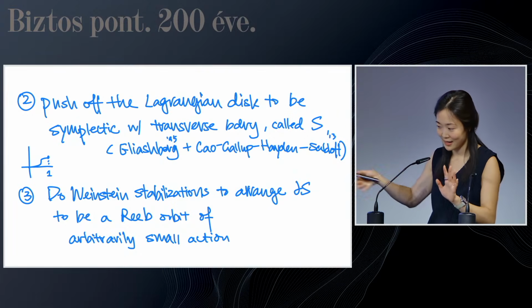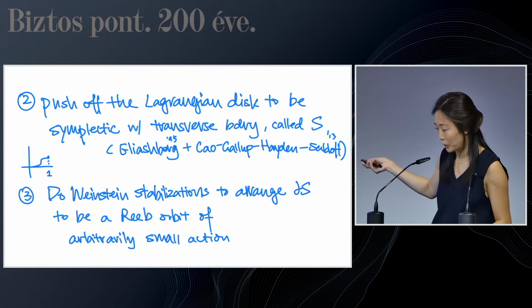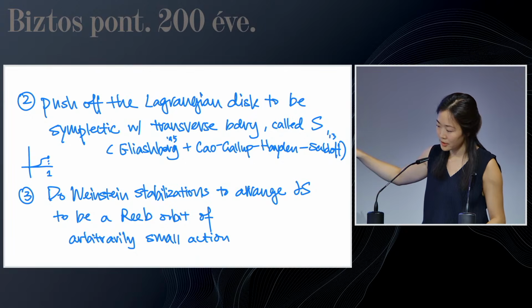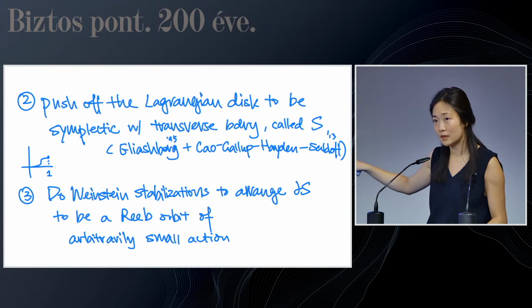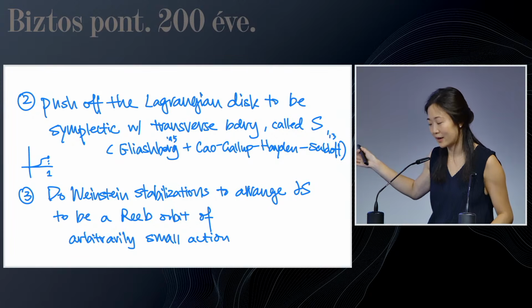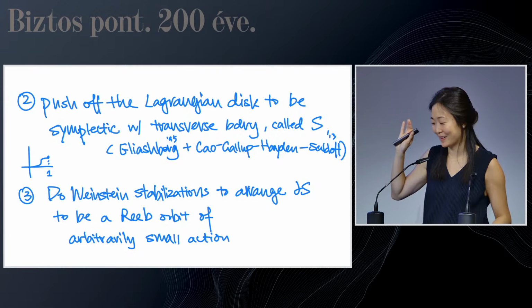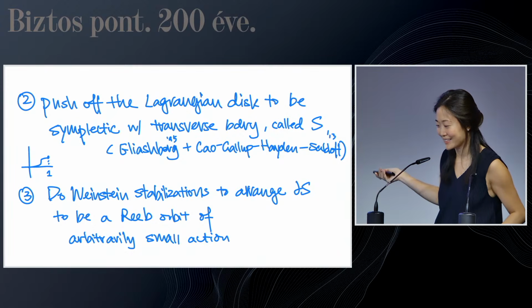We're using an algorithm by Baker, Etnyre, and Van Horn-Morris here. And the arbitrarily small action part is going to be needed because later we're using an argument with symplectic curves, and having small action is very nice. It gives you a lot of control on the compactness of the moduli space.